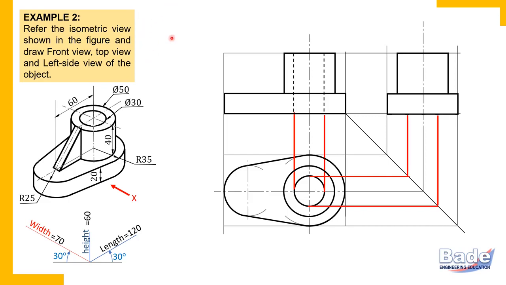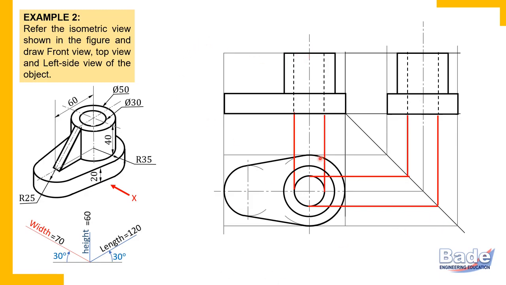These are two boundary generators. Now the hole has a circular edge at the top, that is the opening of the hole, and a circular edge at the bottom also, that is the opening of the hole on the base. So this circular edge is here, that is hidden, and the top edge of the hole coincides with the top edge of the cylinder.